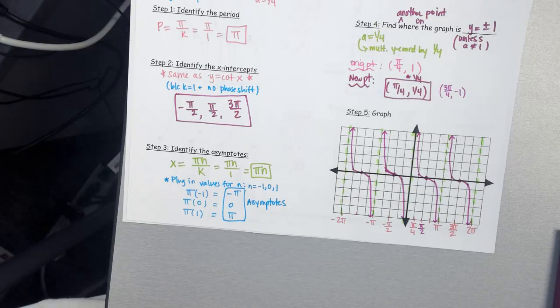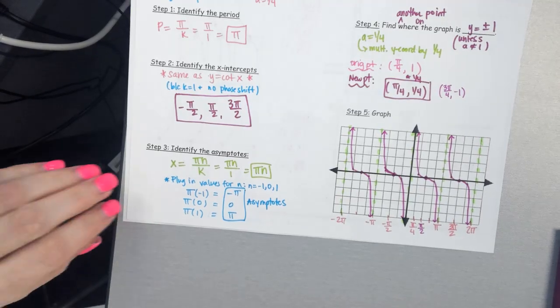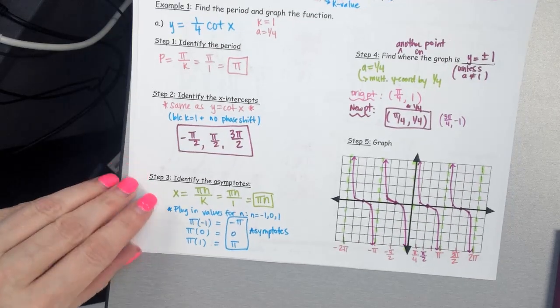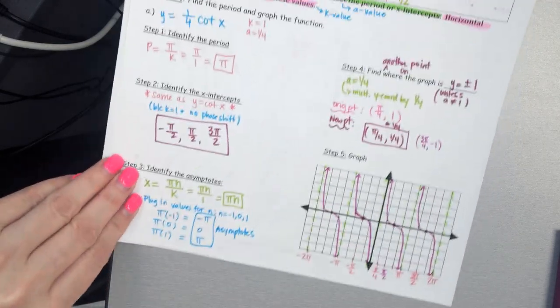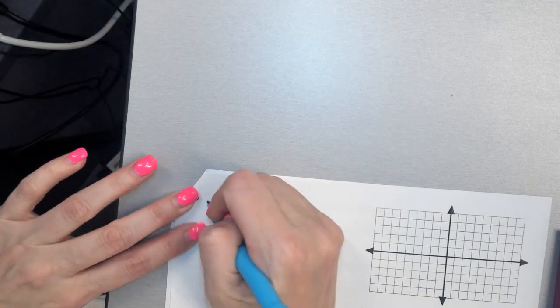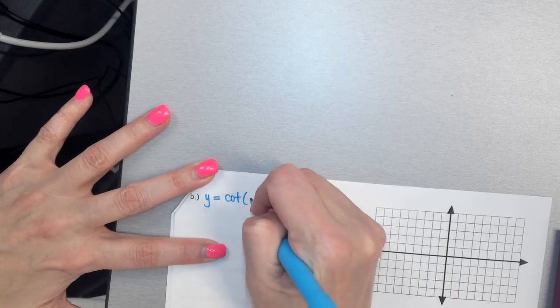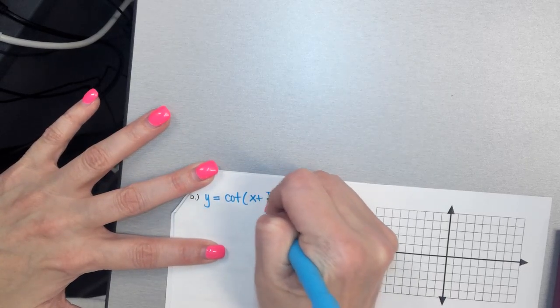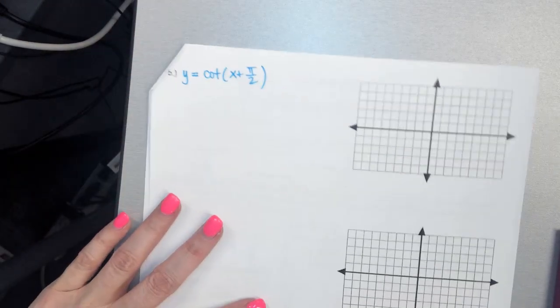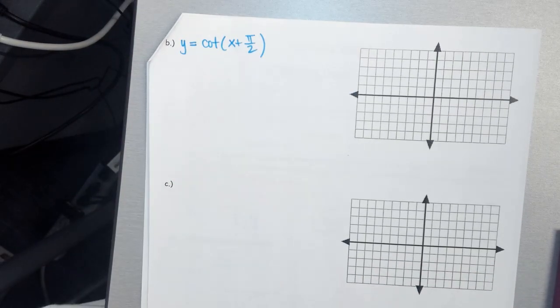All right, we ready for another type of transformation? So that one we did a vertical compression, okay? You tell me what kind of transformation this is. Yep, it's going to the left, pi over 2 units.